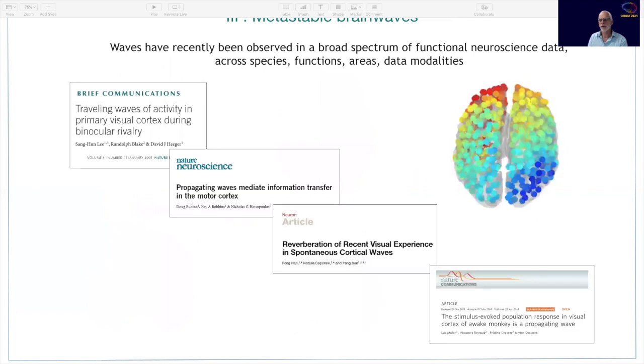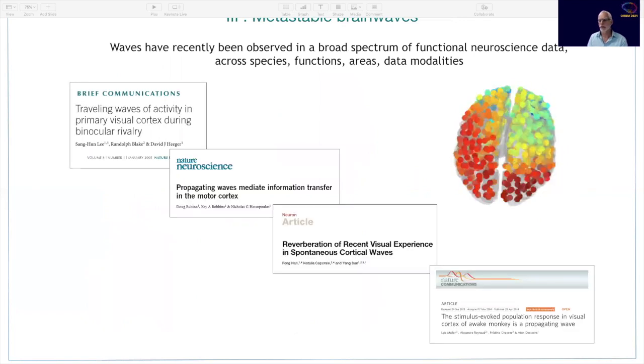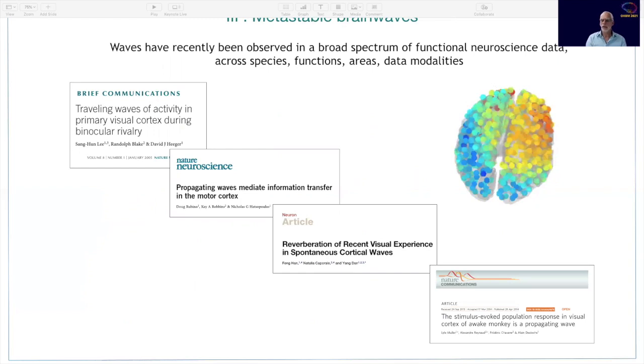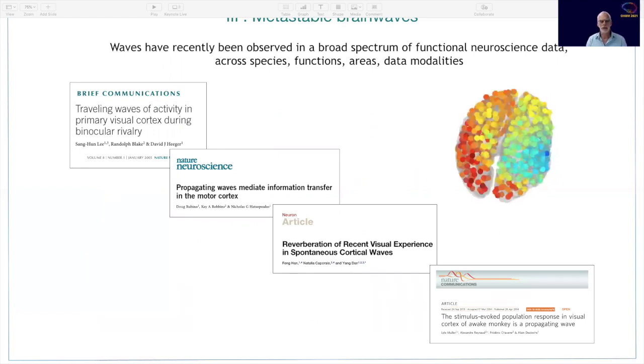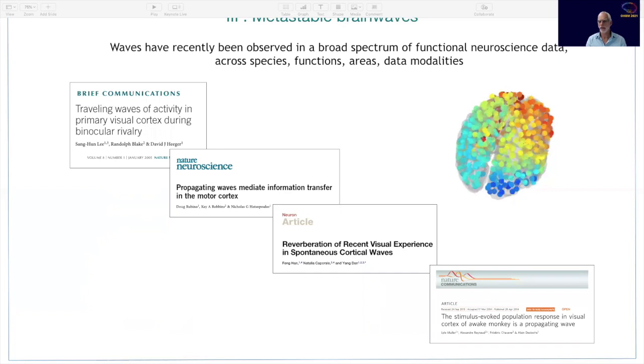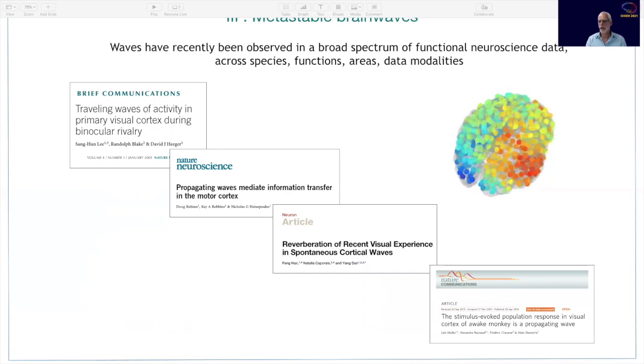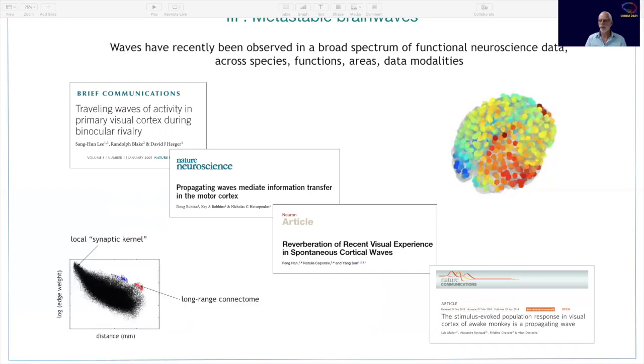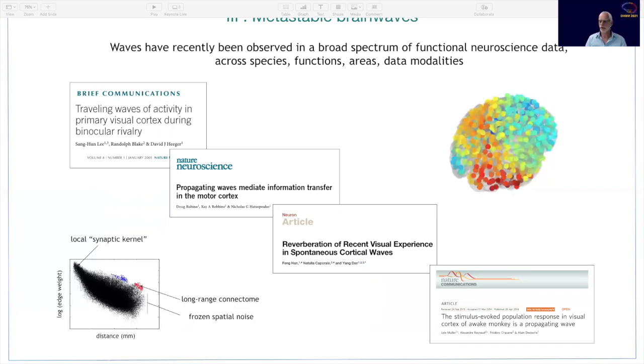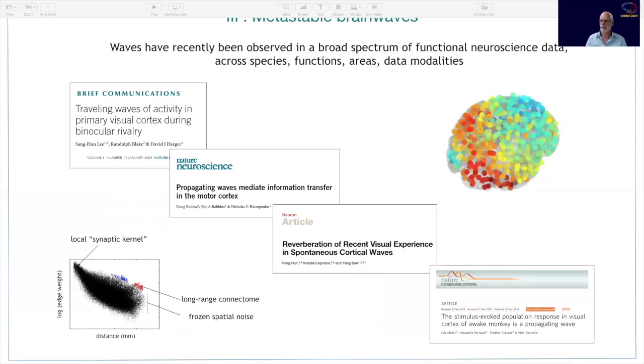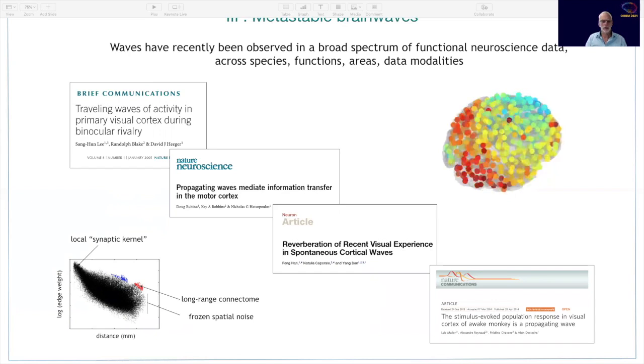Waves have been observed in the laboratory across many different scales, invasive electrophysiological recordings, behavioral recordings, surface EEG. And so we were quite excited when we thought, well, here's a model that others haven't really come up with before for spontaneous, highly nonlinear waves.